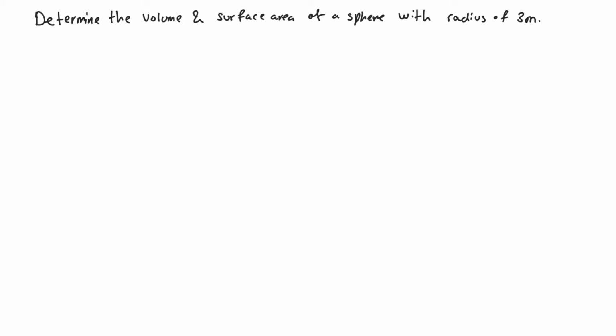Alright, so to solve this question, we know that our radius is equal to 3 meters. We're trying to find the surface area and the volume. So the equation for the volume is 4 over 3 pi r cubed. Looking at the equation, pi is a constant value, and the radius is given to us as 3.